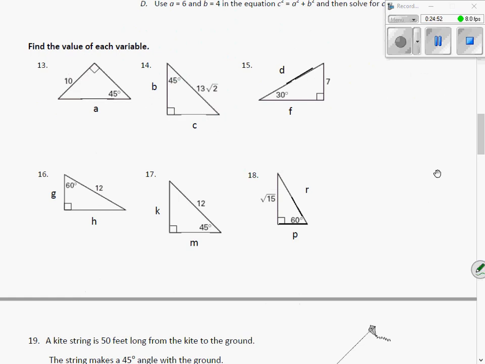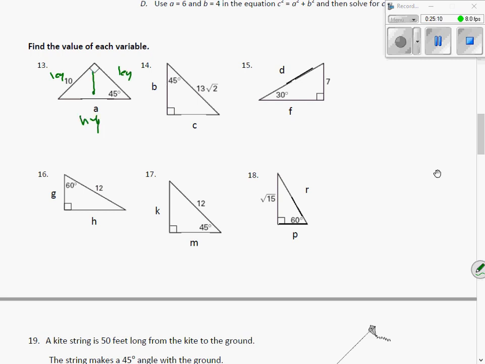All right, 13. Now we're into special triangles. Now we break out the little formula chart. We look up at the board, say, okay, so 45, 45, 90. So that means this is leg, leg, hypotenuse.